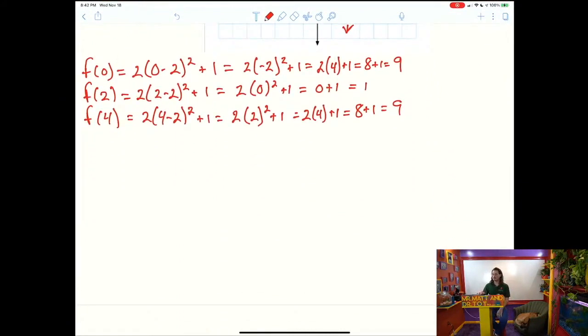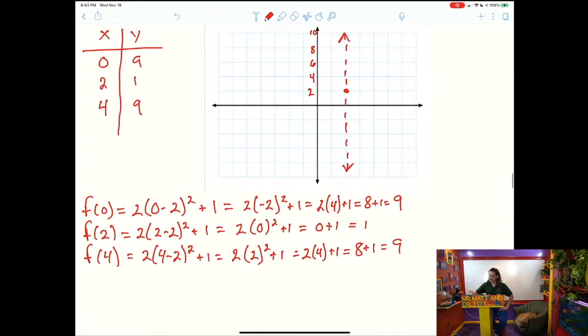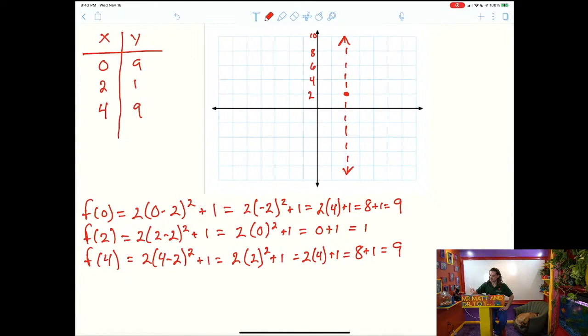So I can plot out those points. On the y-axis, I'm counting by 2's. On the x-axis, I'm counting by 1's. So at 0, I'm at 9. That would be about here. At 2, I'm at 1. So actually I need to correct that original dot because I changed my scale.